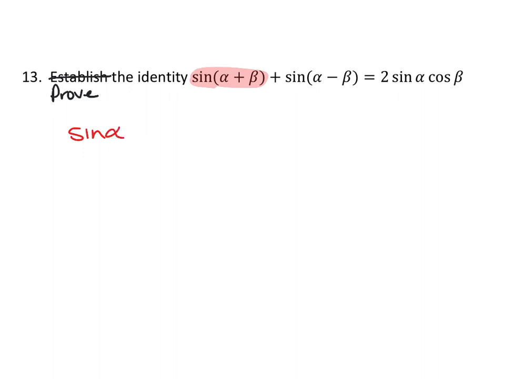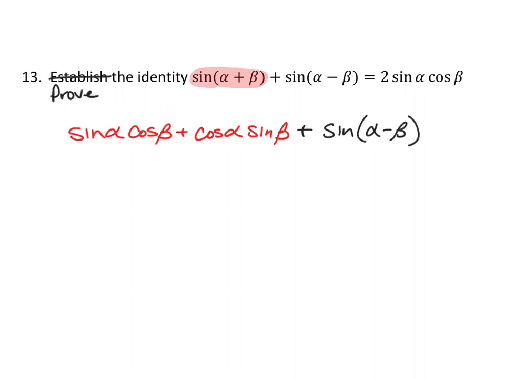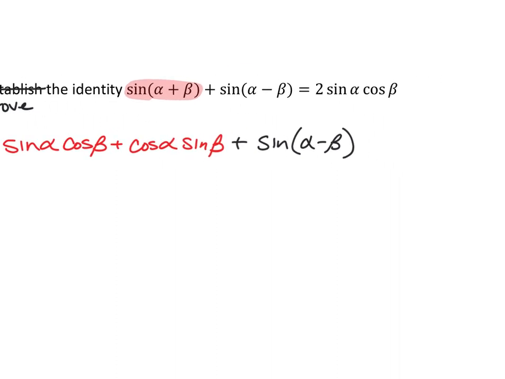So it's sine of alpha cosine of beta plus cosine of alpha sine of beta. Okay, cool. All I've done so far is use the sum and difference identities, and we're going to do this piece by piece because, again, it's a proof.